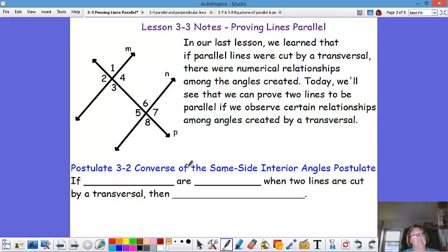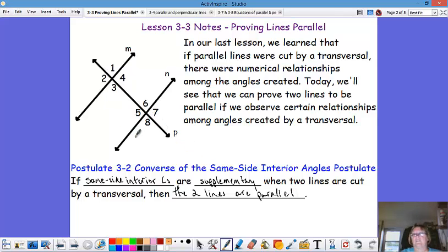So the if part and the then part switch, and we have to say if same side interior angles are supplementary when two lines are cut by a transversal, then the two lines are parallel. See how that is exactly the opposite of what we said yesterday.